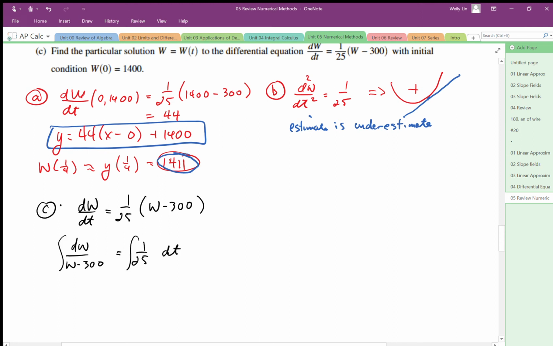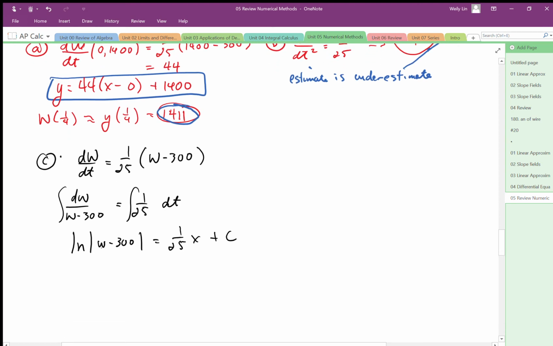Separate and integrate, and we end up with log|W - 300| equals 1 over 25 t plus C. We can solve for the C by plugging in 1,400.